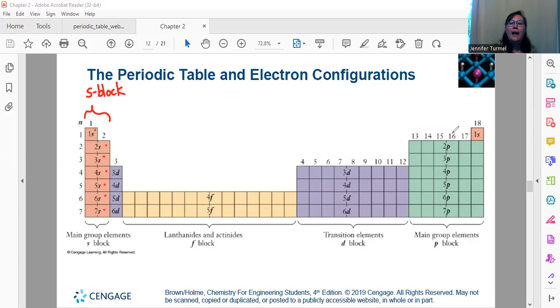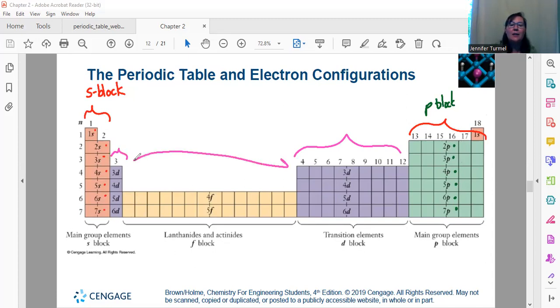Over here, we have the p block, and here you have the 2p, 3p, 4p, 5p, 6p, and 7p. Notice that there is no 1p orbital block. After that, we have the d orbitals with the d block, and yours ties these two together.